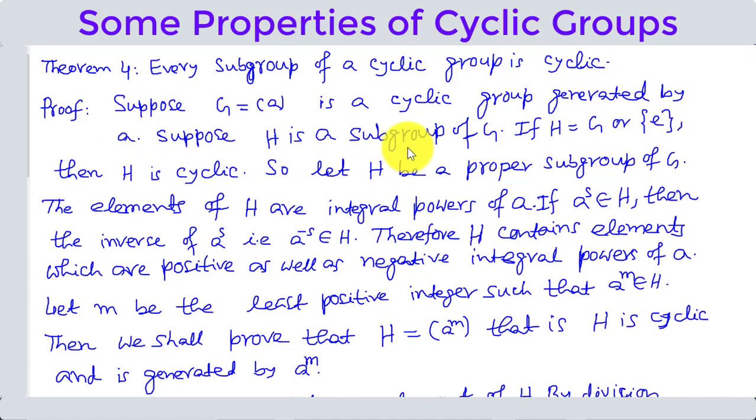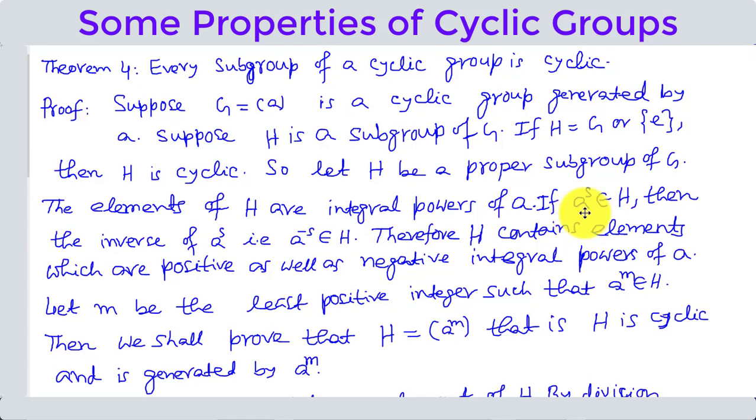Suppose H is a subgroup of G. If H is equal to G or e, then H is cyclic. So, let H be a proper subgroup of G. The elements of H are integral powers of a.